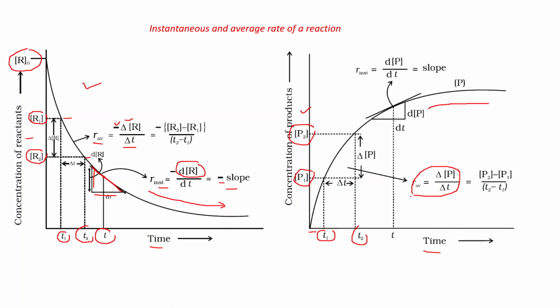But if you want to find the instantaneous rate at a particular time t, then at this time we draw this tangent, and the slope of this tangent, dP divided by dt, gives the instantaneous rate. In this way, we can find the instantaneous rate by using this graph.